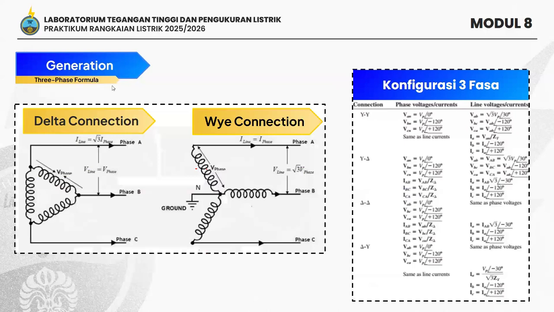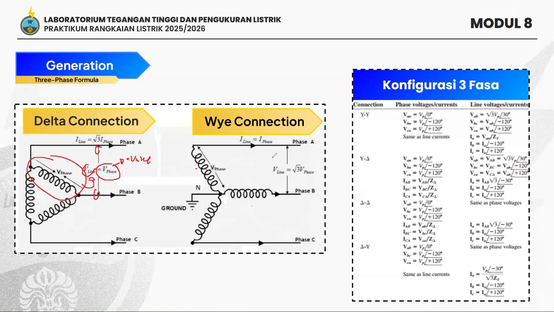And in the three-phase formulas, in the delta connection, you have the same value for V line and V phase because there are two nodes for the line and the phase that are the same. Because of that, we have V line and V phase in the same value.